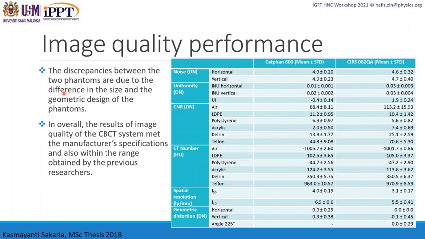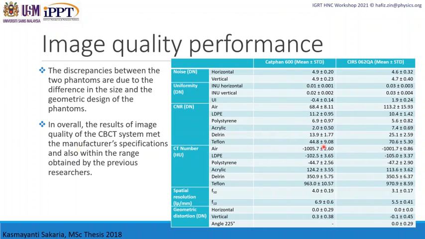We observe that discrepancies between the two phantoms are there. This is mainly due to the differences in the size and the geometric design of the phantoms. As we discussed earlier, CAPFAN is much larger compared to CRS. However, the image quality results from the cone beam CT system do meet the manufacturer specification and are also within the range obtained by previously published values in the literature.